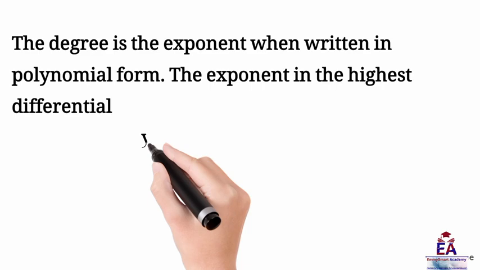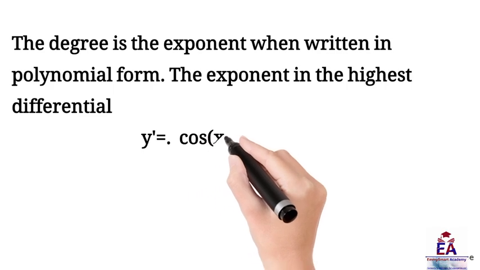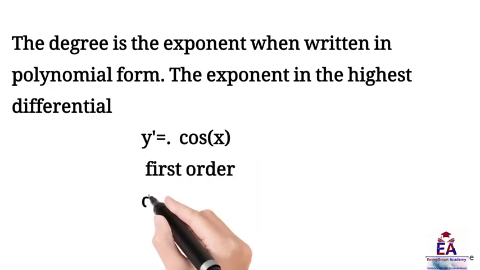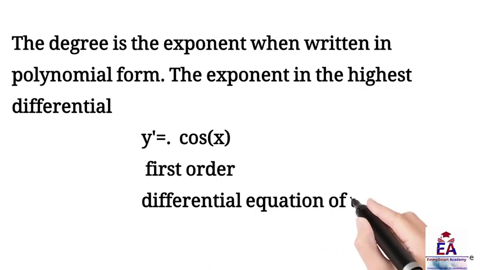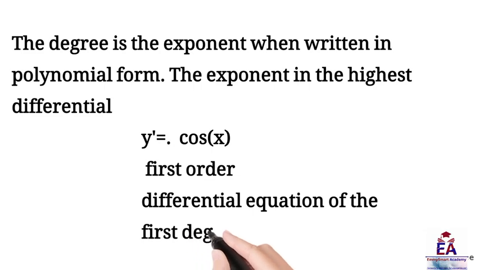So for this particular one we have y prime equal to cos x. You can write it as a polynomial. So as a polynomial we have y prime equal to cos x. The y prime is the highest differential, so that means it is of the first degree.